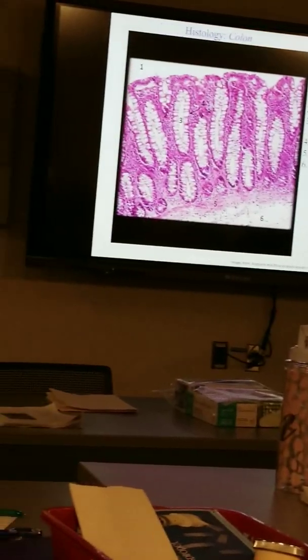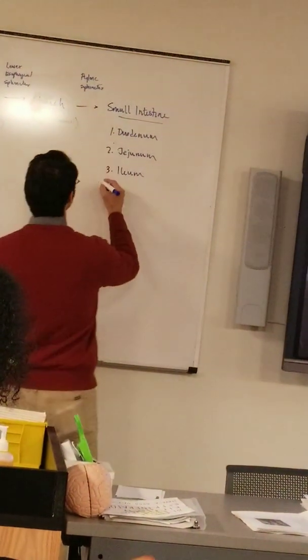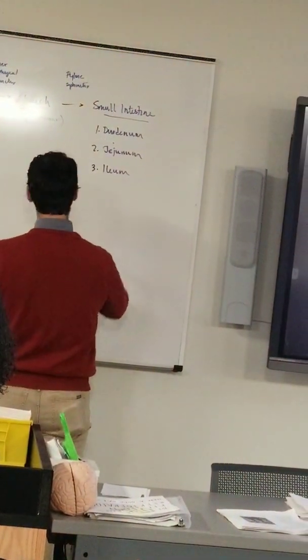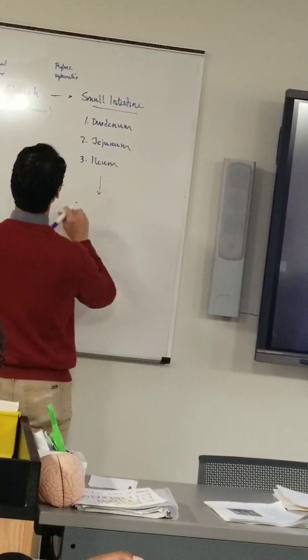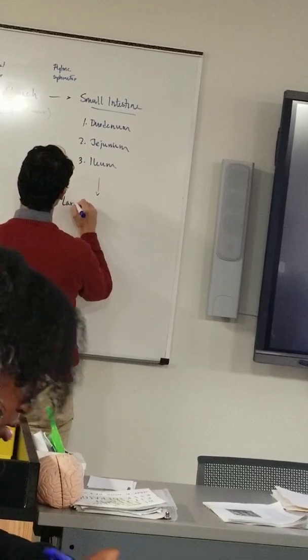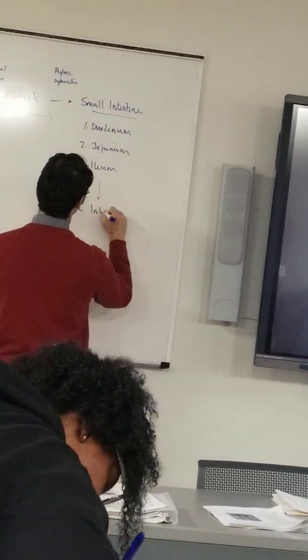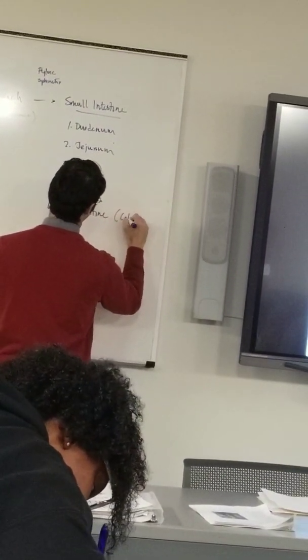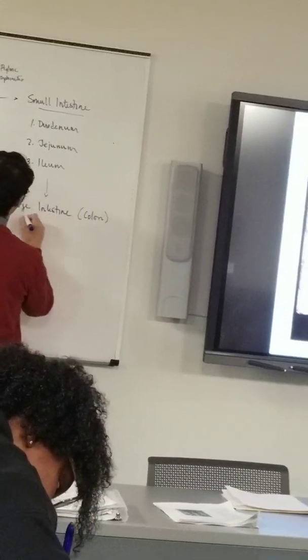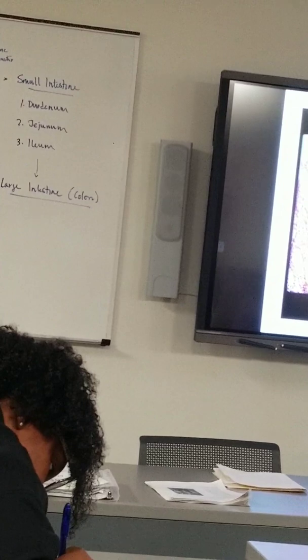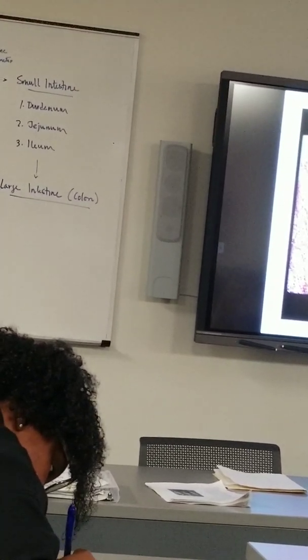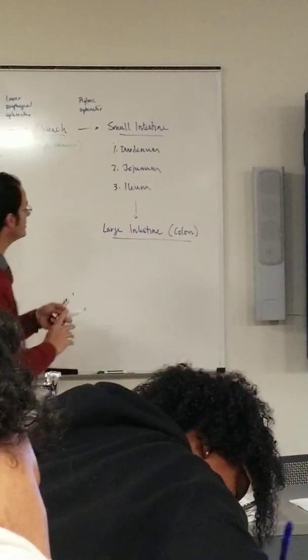From the small intestine, then, we go to the large intestine. The large intestine is also known as the colon. There is a structure that regulates the passage from the ileum into the large intestine.